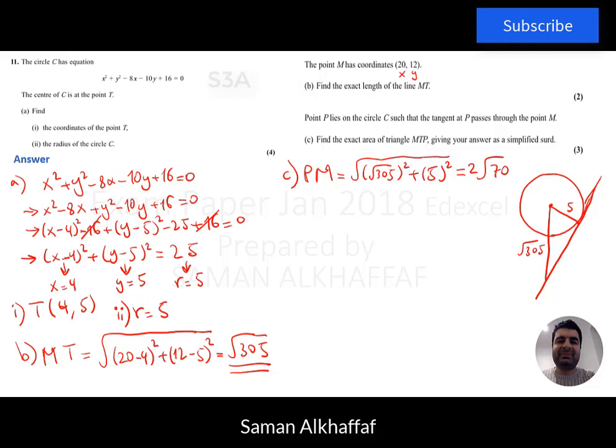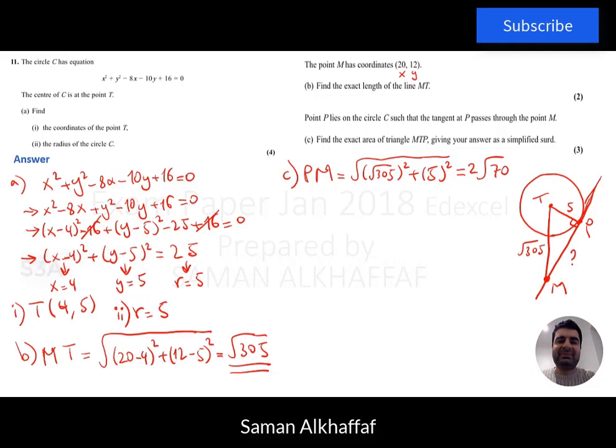This is the right angled triangle, and we have point P here, and this is T, and this is the point M. So we have 5 and root of 305, and this is what we use to find the length of PM as shown here.